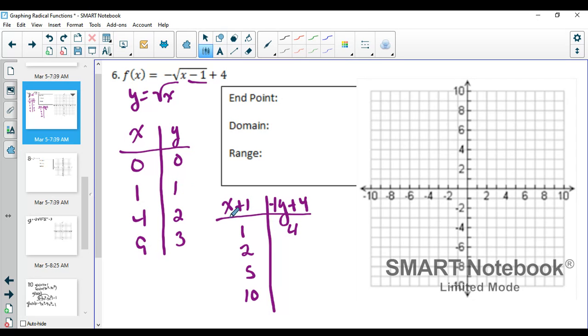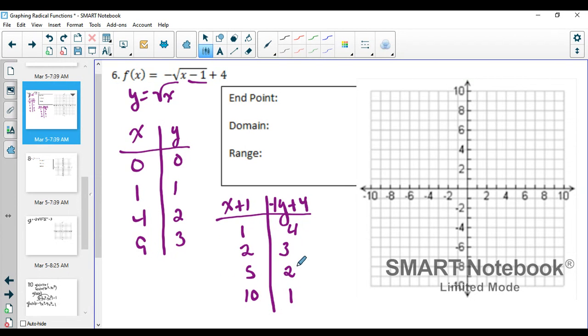And then -1 plus 4 is 3. 2 times -1 is -2. Plus 4 is 2. And then -1 times 3 is -3. And -3 plus 4 is 1.